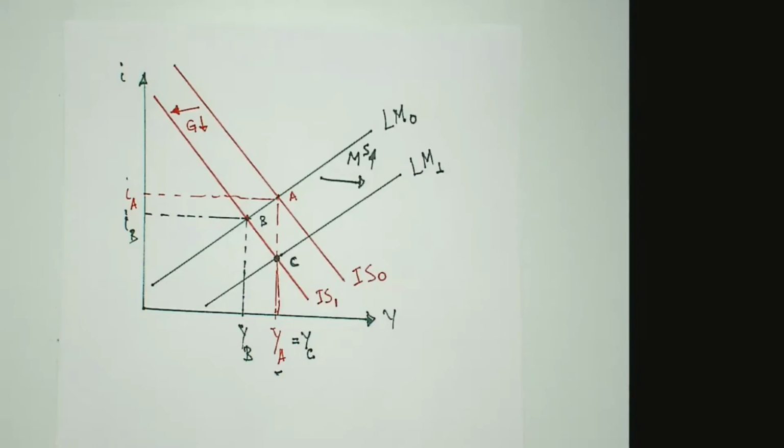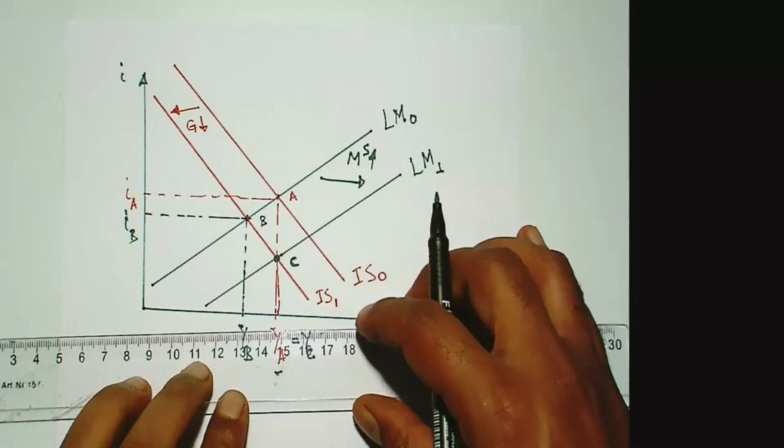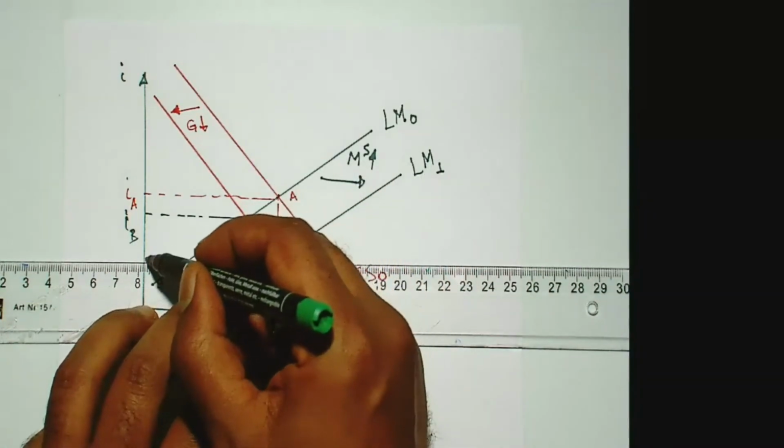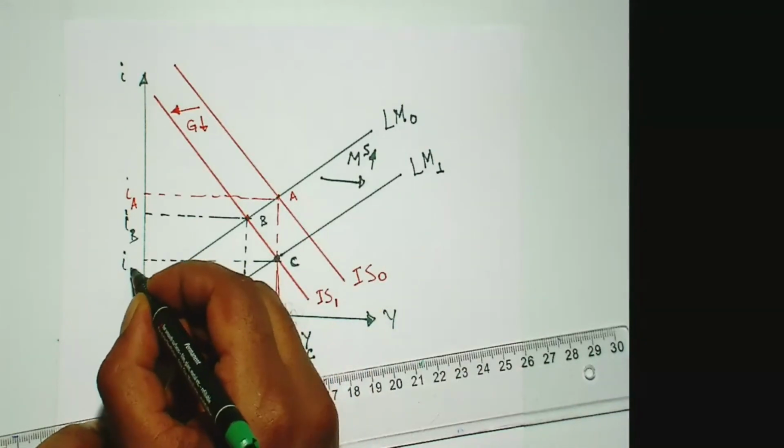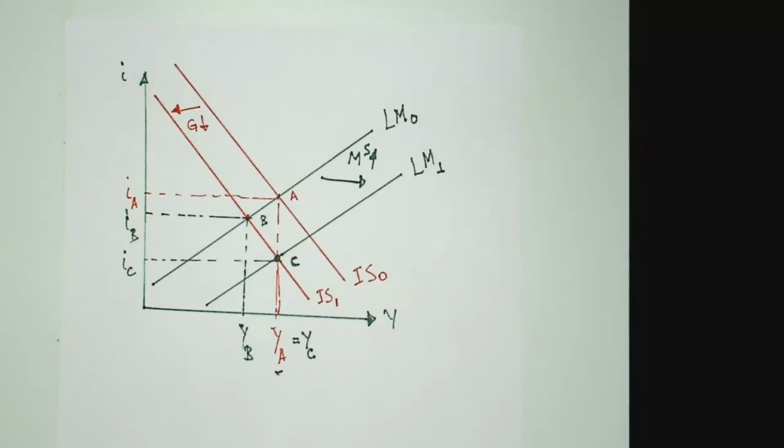So the money supply MS increased, and our LM shifted to the right from LM0 to LM1, giving us a new equilibrium point C with an income level YC equal to the initial income level YA. In this case, we also have a new interest rate, IC, which is lower than the two previous interest rates.